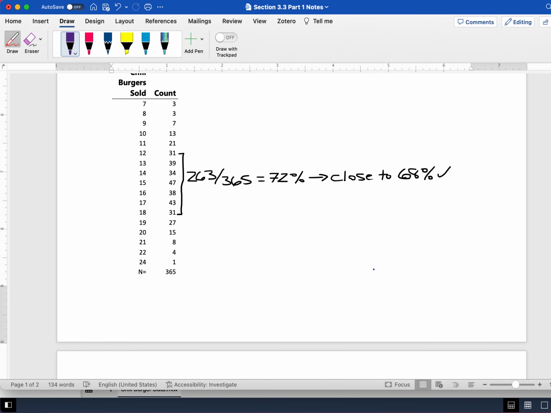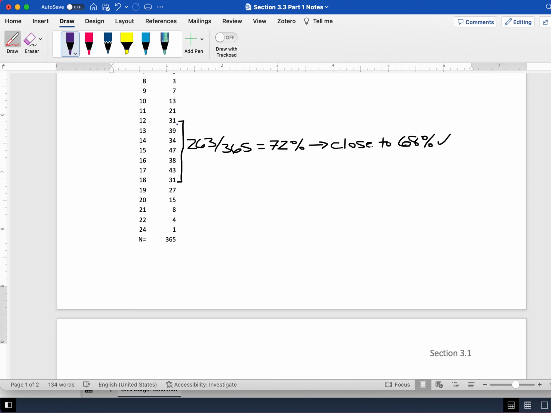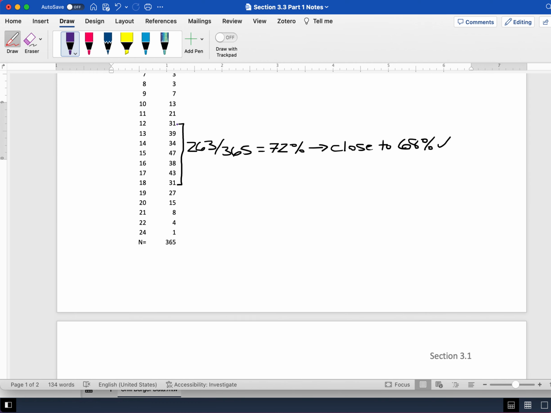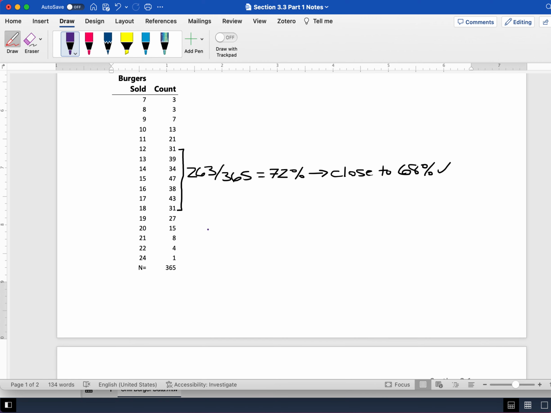So going back up to my table here, 8.9, that would include these at 9, but not the ones at 8. And then going down to 21.3. So that would include 21, but not include 22. So 9 all the way down to 21. So add up all of the numbers in that purple area. Now, an easier way to do this is going to be just to add the ones that are not in that area and subtract it from 365.